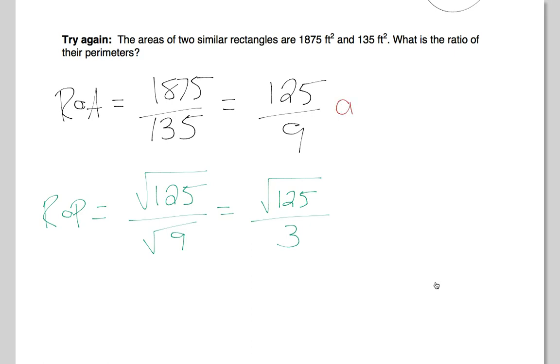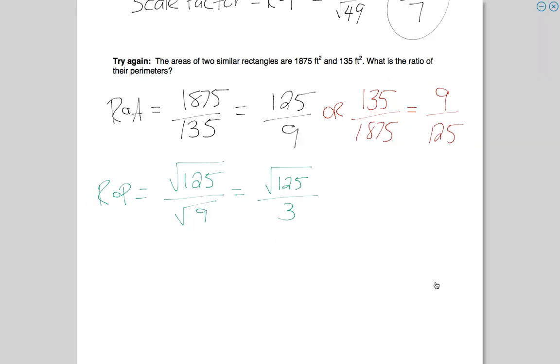Now, if you would have done 135 over 1875, now watch what happens. The square root of 9 over the square root of 125, that equals 3 over the square root of 125.